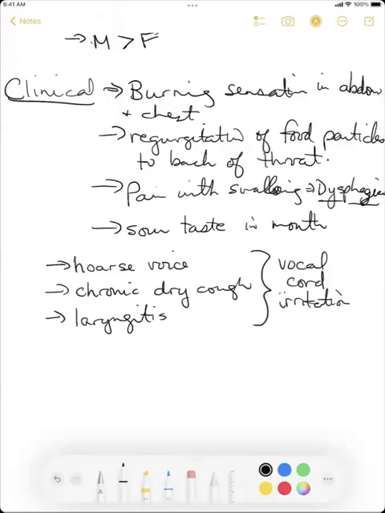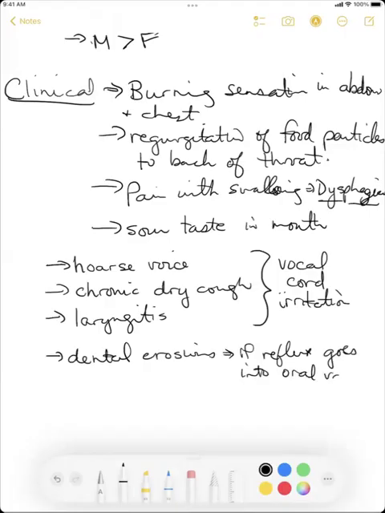In some people, if the reflux is particularly bad and it actually goes into the mouth without them realizing, it can destroy the teeth and they can get dental erosions. And so this is if reflux goes into the mouth, the oral cavity.